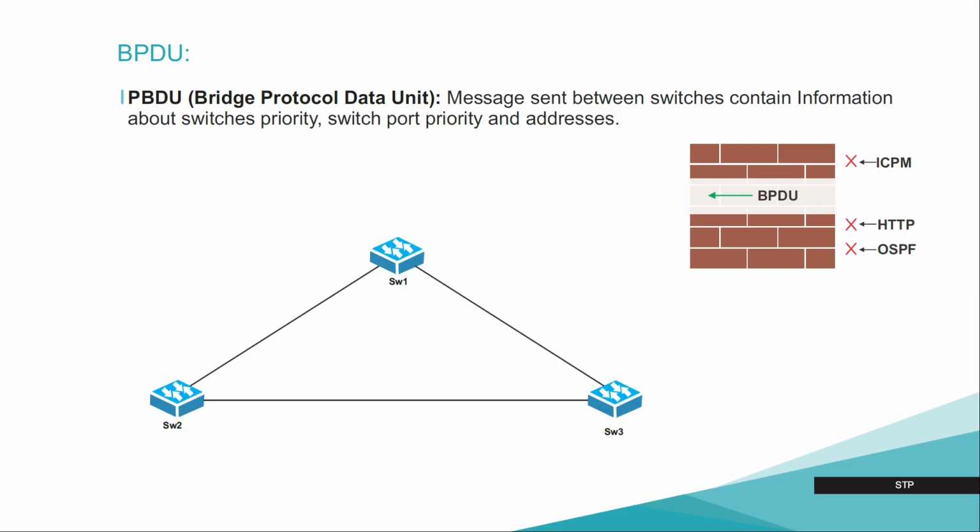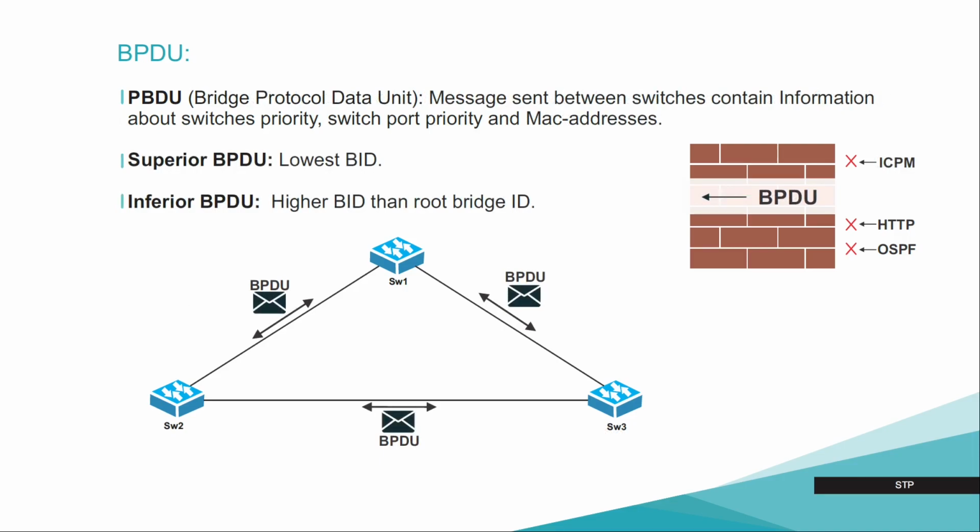The Bridge Protocol Data Unit is a message sent between switches, containing information about switch priority, switch port priority, and addresses. So when we bring up our switches and connect them, all the data will be blocked from entering our switches except the BPDU message, the Bridge Protocol Data Unit message. That way, we can prevent the loop in advance.